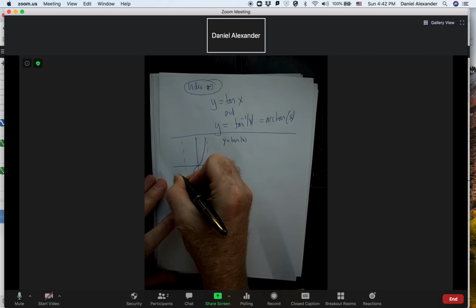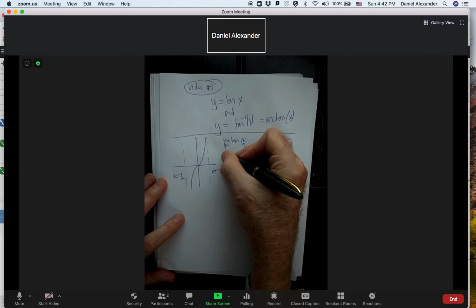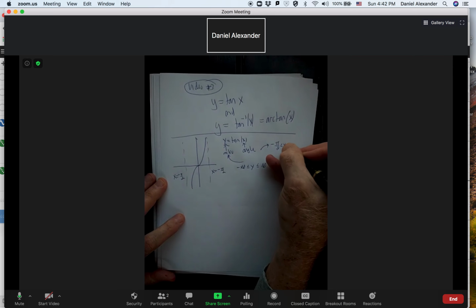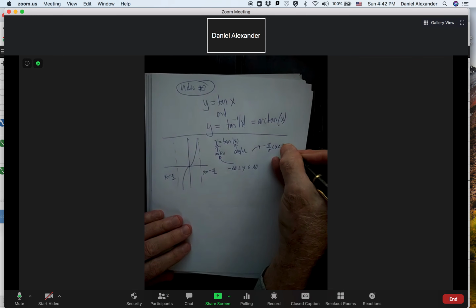Again, we plug in an angle, and we get back a ratio. The ratio can be between minus infinity and infinity. We saw that in a different video. The angle can be between minus pi over 2, but it can't equal that because we got 1 over 0 for our ratio, if you remember, and pi over 2.